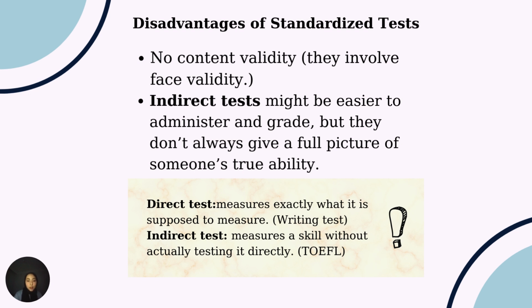There is no one skill. There is reading, grammar, vocabulary, cloze tests, more than one skill. But with direct tests, we only measure one skill. For example, writing tests. We just test writing. For example, speaking tests. We only focus on speaking, or we only focus on listening, and like this.